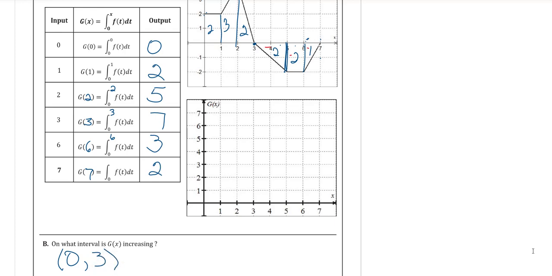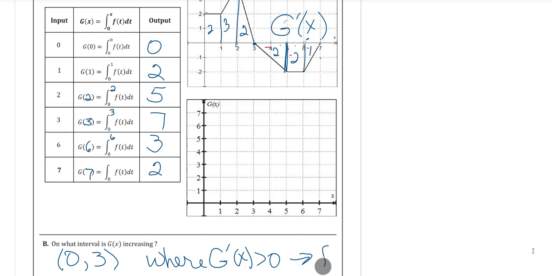And my reasoning is, remember, this graph is really g prime of x, its derivative. So it is going to be increasing where g prime of x is greater than 0. So that means where f of x is greater than 0. So that's between 0 and 3.